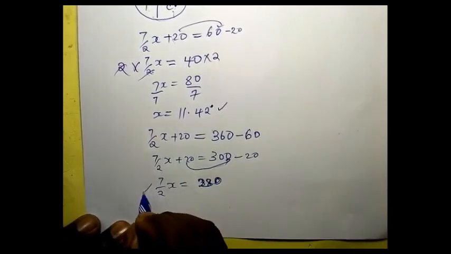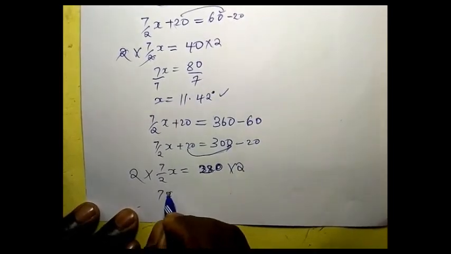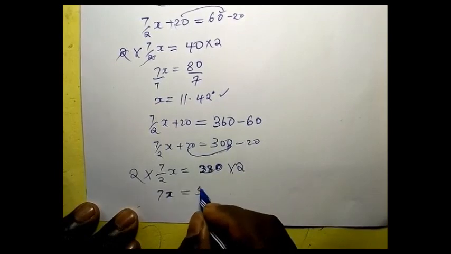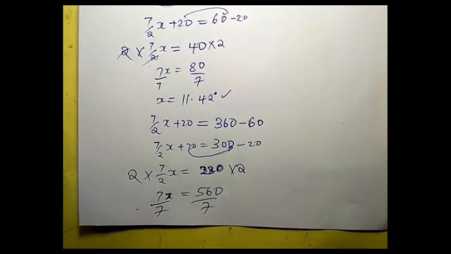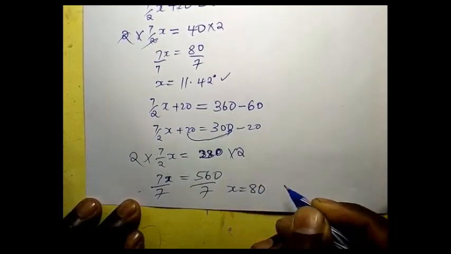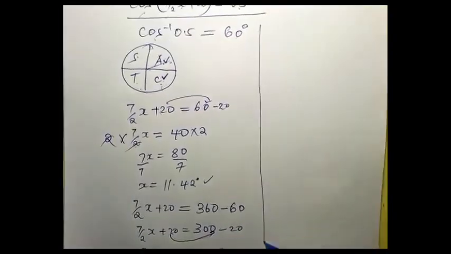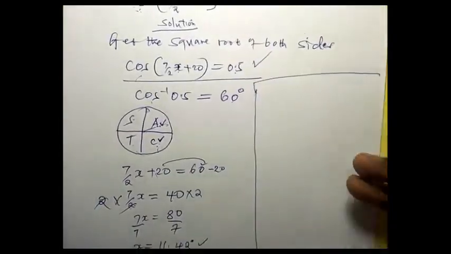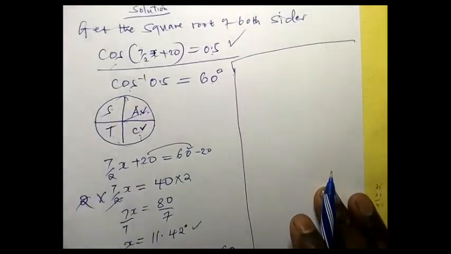We multiply both sides by 2 to balance, so 7x is equal to 560. We divide both sides by 7, so x here is equal to 80 degrees. We check the next quadrant. We continue until we reach the maximum, which is 180 or less.